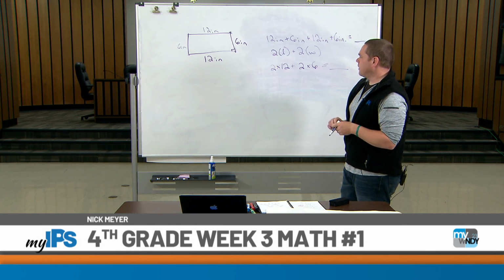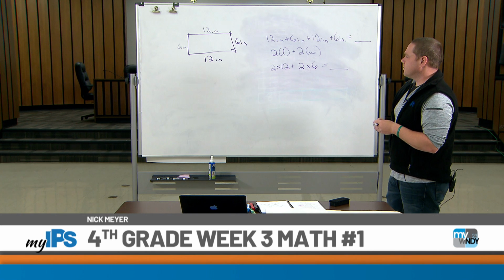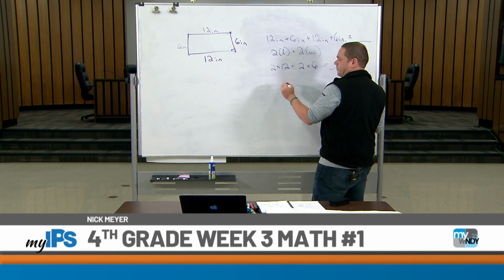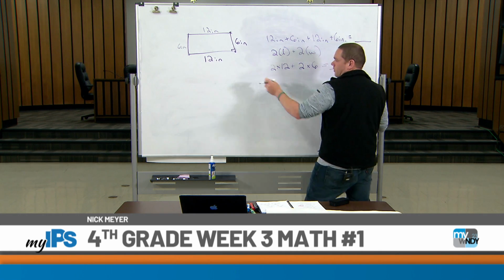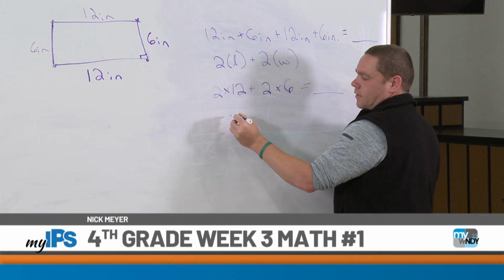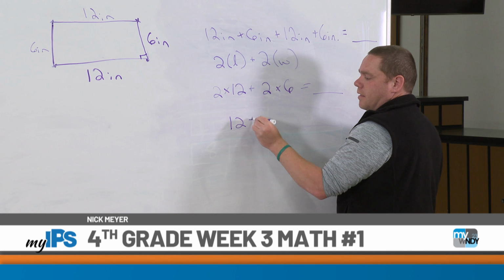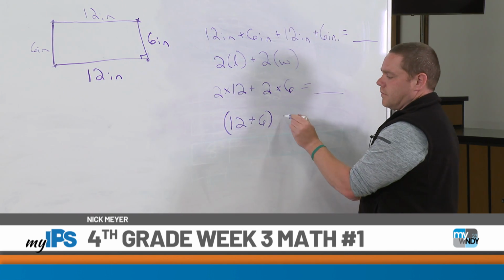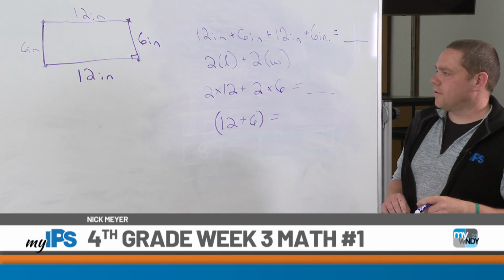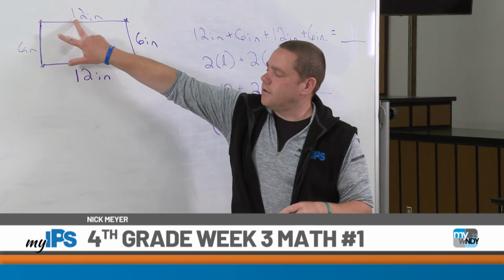Is there another way we could do it that's going to give us the same thing? What if I added up this side and that side, or the length and the width? So I could do 12 plus 6. Do I see another 12 plus 6 up there? Over here.